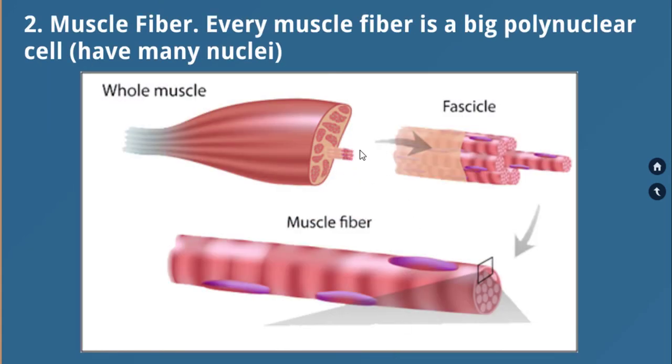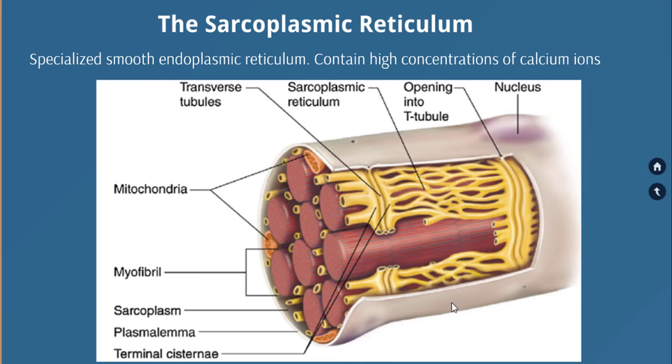Here you can see a closer structure of the muscle fiber. The yellow color is the sarcoplasmic reticulum, which stores, releases, and retrieves calcium ions.